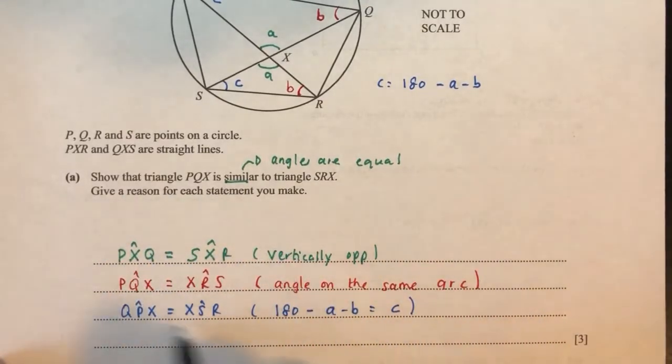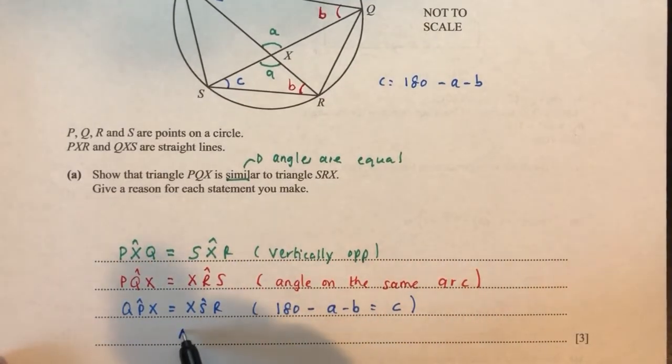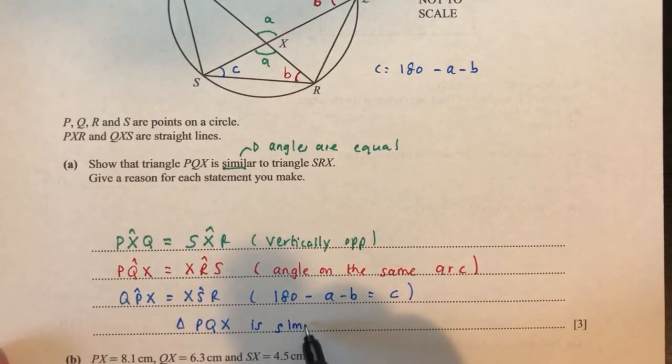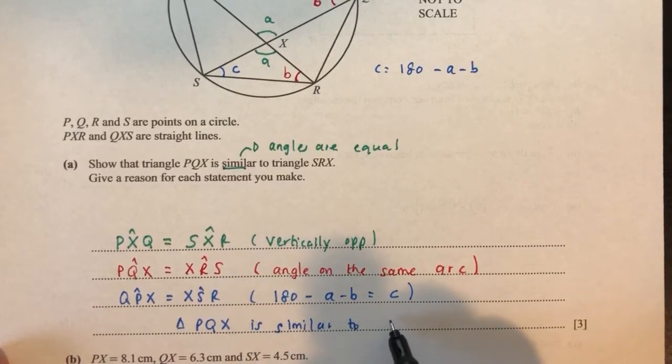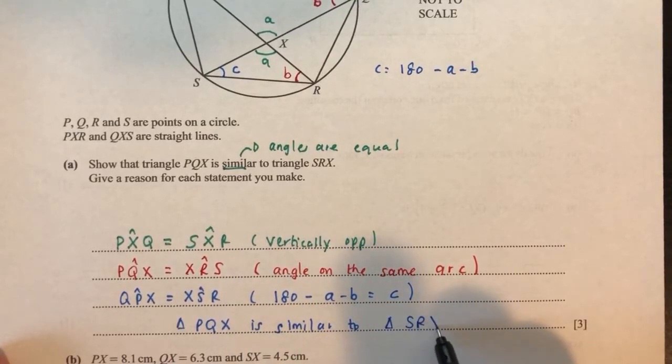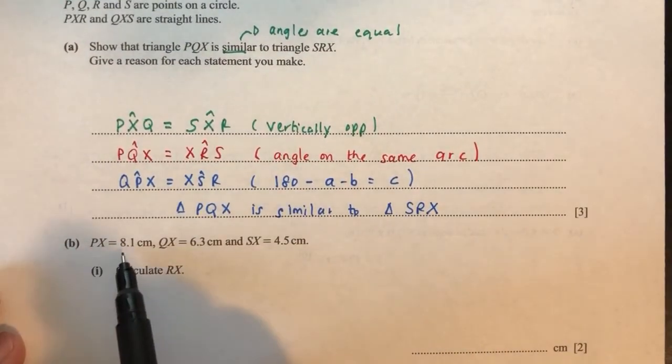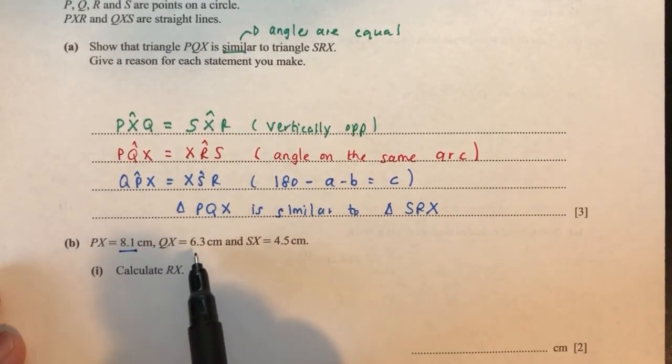So by proving these three, we prove that triangle PQX is similar to triangle SRX. That is part A. Now part B, PX is equal to 8.1, QX is equal to 6.3.